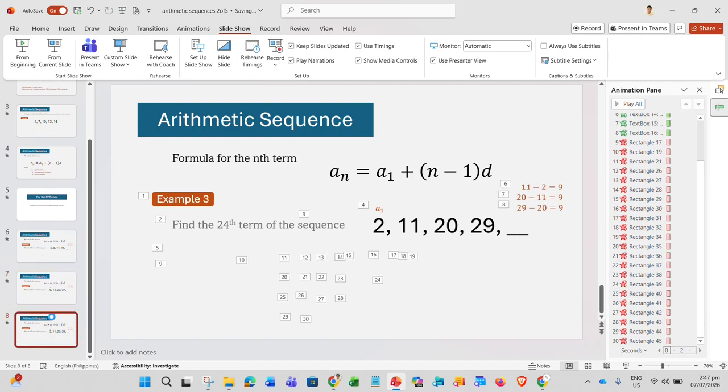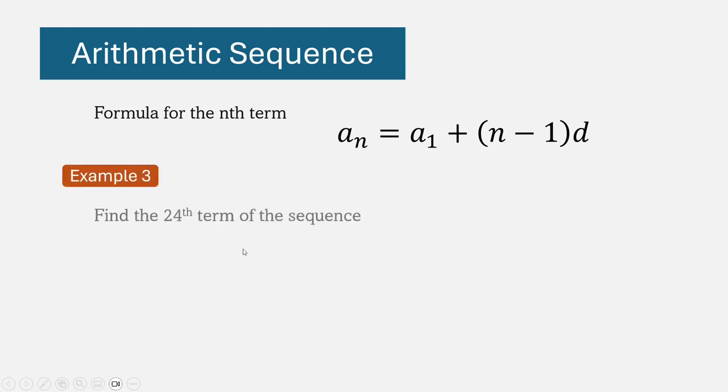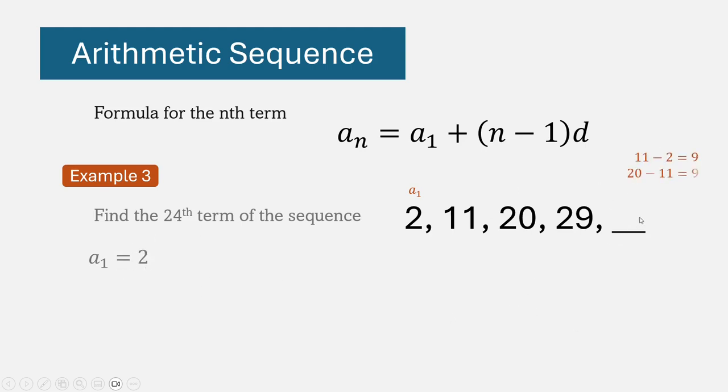We now proceed to example number 3. Find the 24th term of the sequence. Same way, our first term is 2, so a1 is equal to 2. Then 11 minus 2 is 9. Same way, the differences are common, that is 9.